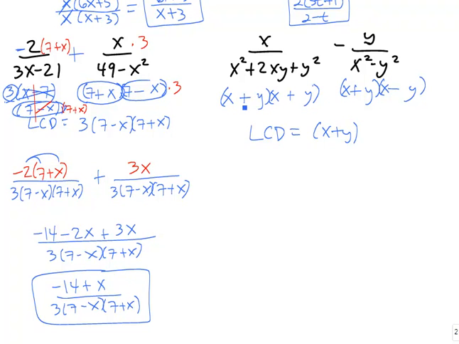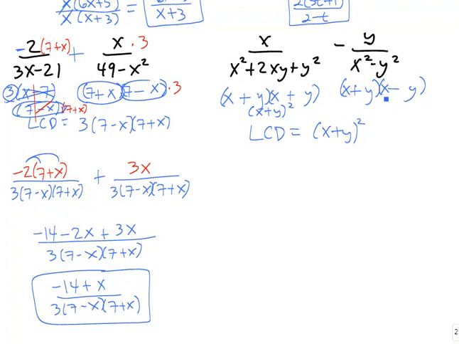In this first denominator, when you have x plus y times x plus y, that's like x plus y squared. So we have to have x plus y occurring twice at the very least, because it occurs twice in this first denominator. So in our common denominator, we're going to need x plus y quantity squared. We need 2 of those factors.